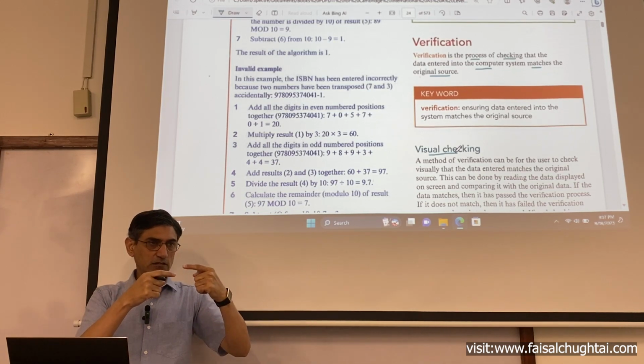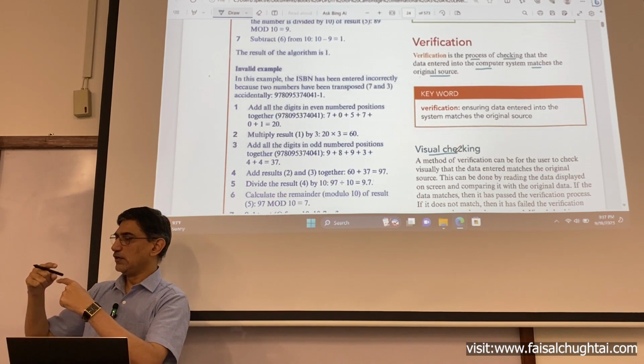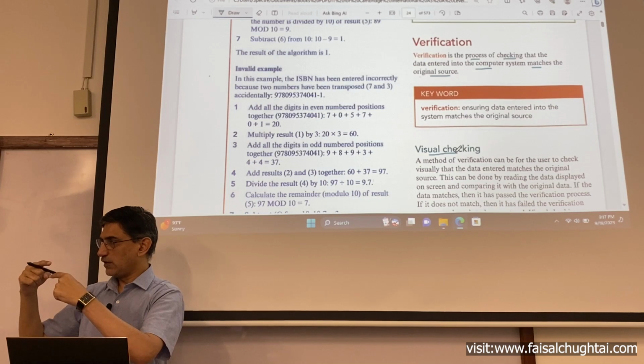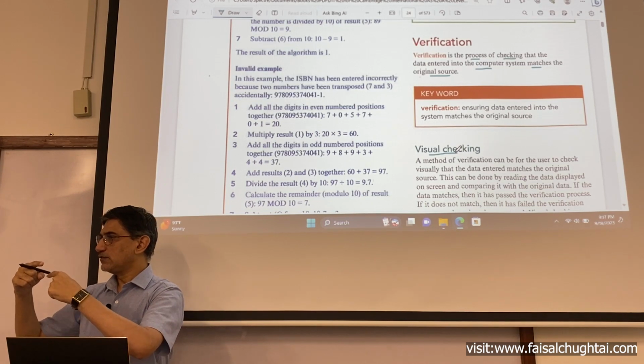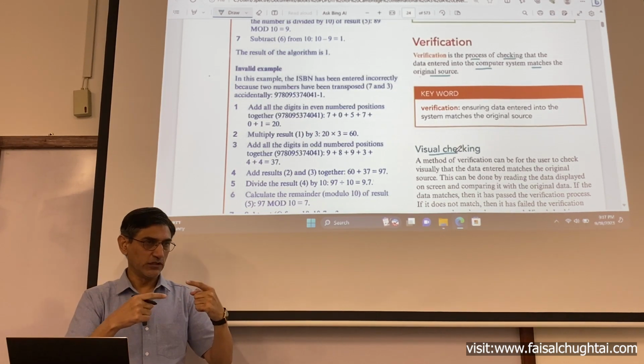If there is any difference, then of course the computer would inform you that, after having verified the data, it has been found out that both the data items do not match. So you need to make sure that both data items match.